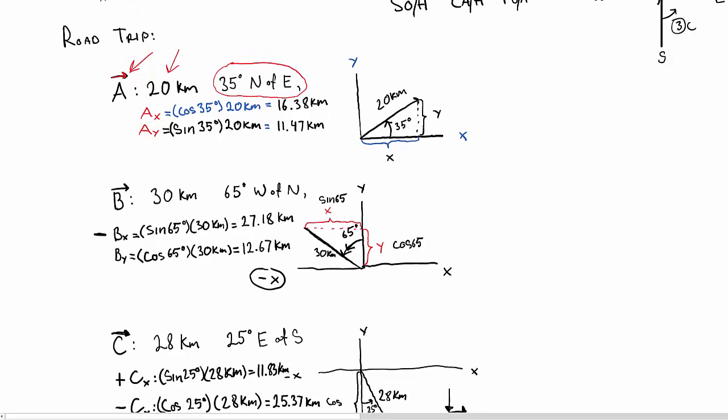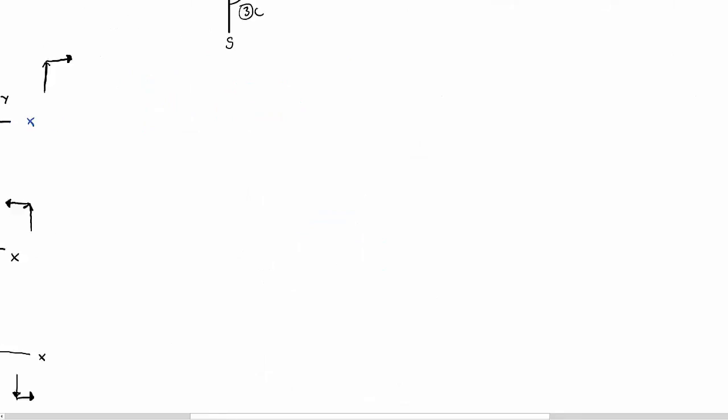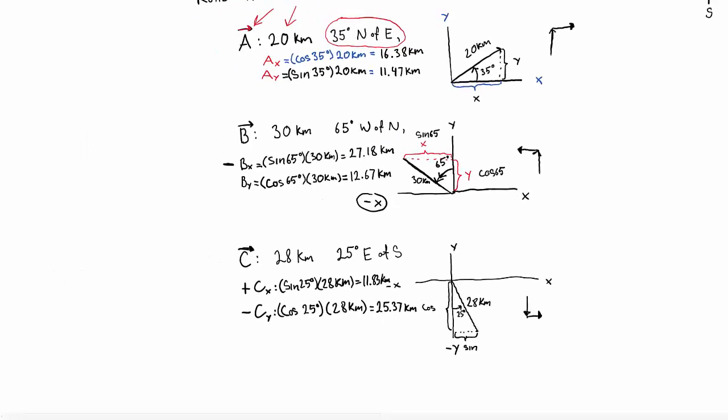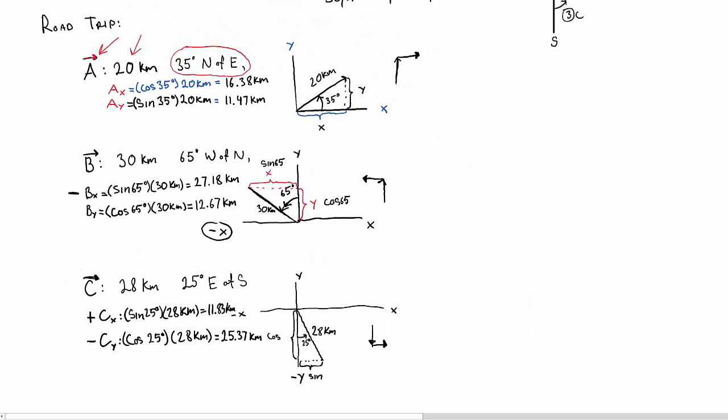This one is going up, and this one is going up and over. So now you have to add the individual components. AX, BX, and CX.